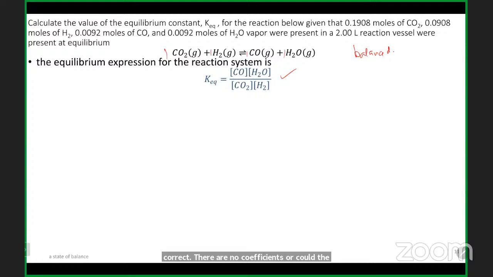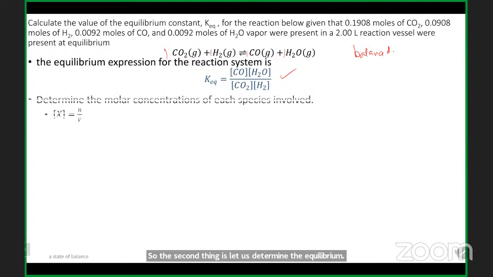The second thing is, let us determine the equilibrium concentration of each species involved.